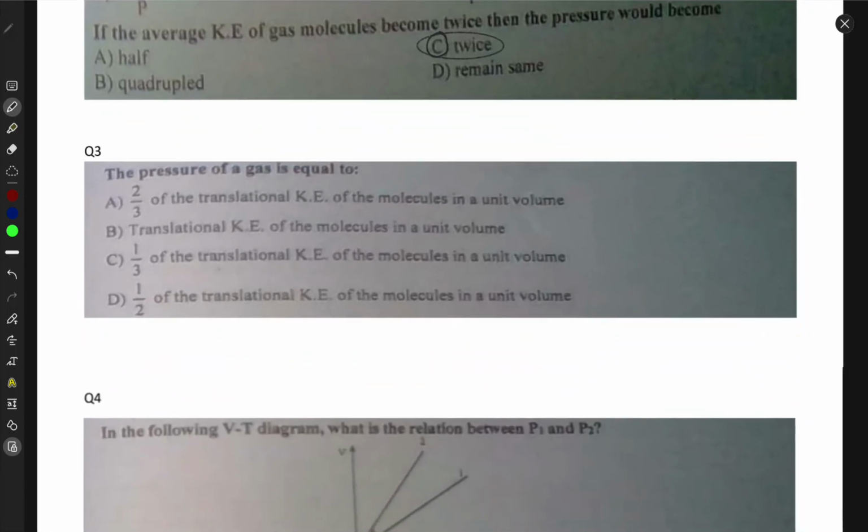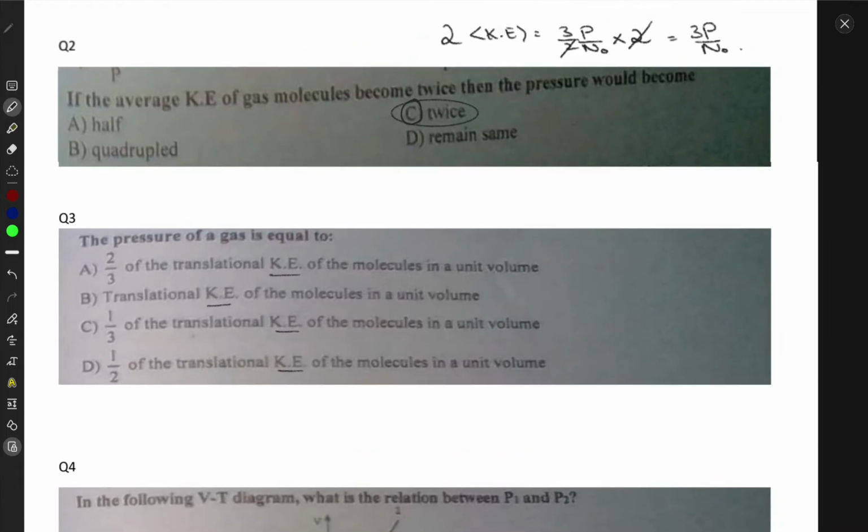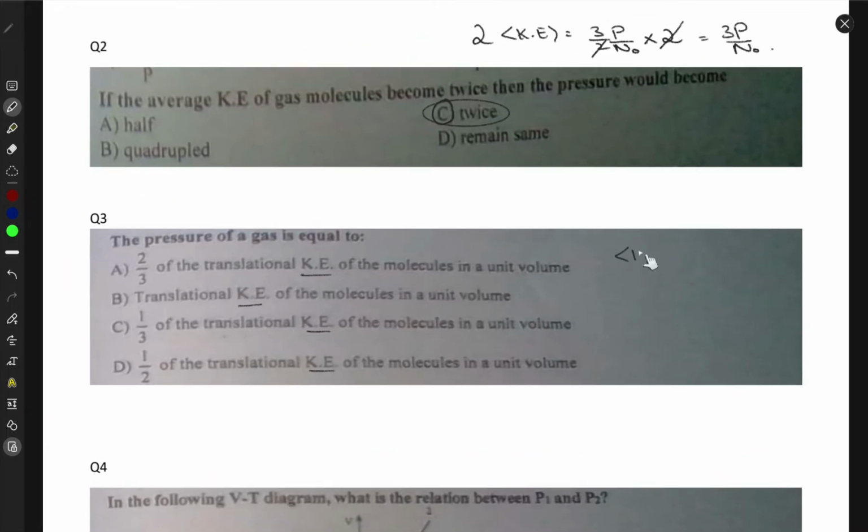All right, moving on, we have: the pressure of a gas is equal to. Now we have all of the options in terms of translational kinetic energy. If we just remember the expression, the average kinetic energy was 3 by 2 p over n naught, so p is equal to 2 by 3 n naught times the average kinetic energy.